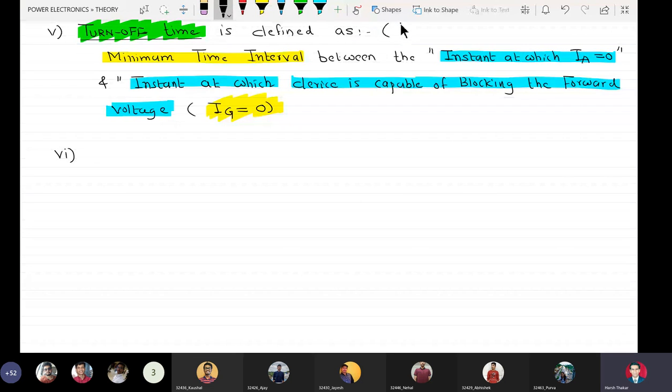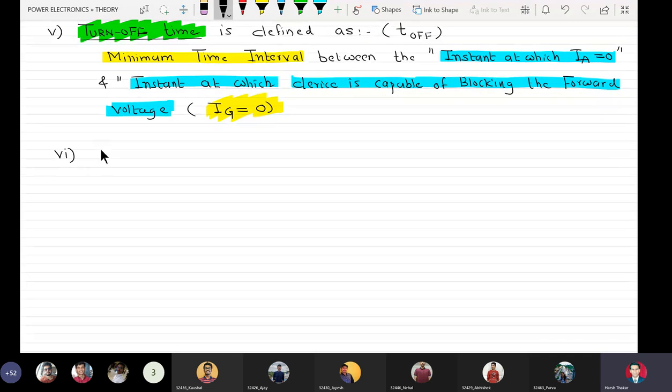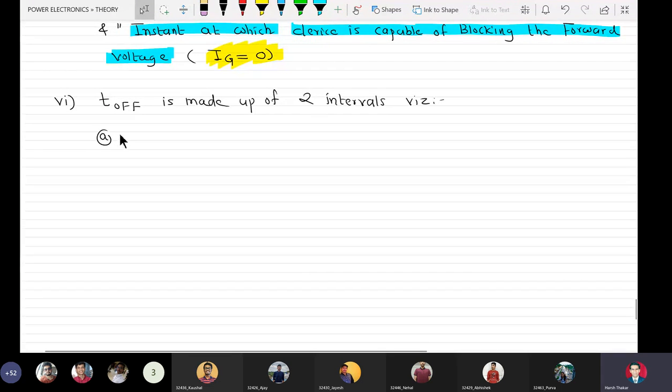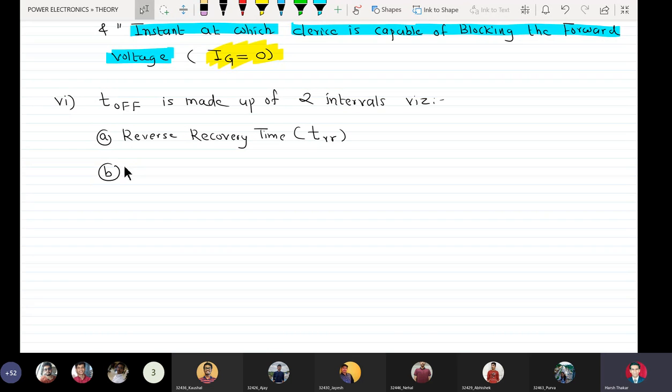We can say the turn off time is made up of 2 intervals, namely reverse recovery time, TRR, and second, gate recovery time or recombination time.